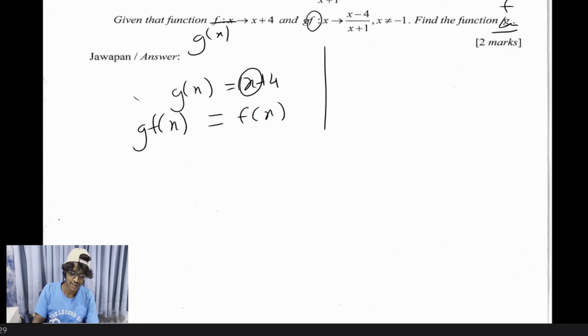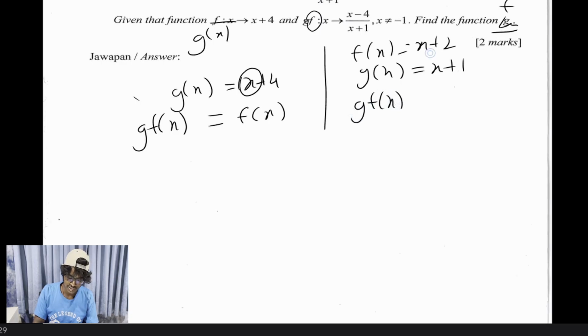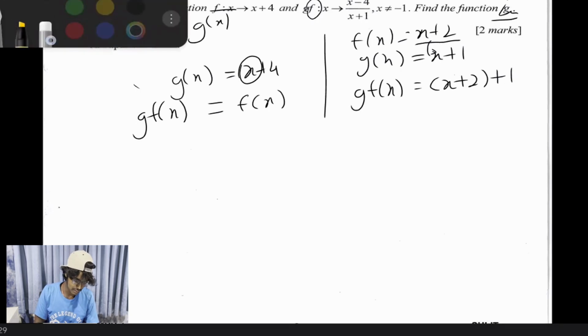Quick reminder, if let's say f(x) equals x plus 2, and g(x) equals x plus 1, and we want to find g(f(x)), this entire thing will be put into this x, meaning it will look like x plus 2 plus 1. So keep that in mind.